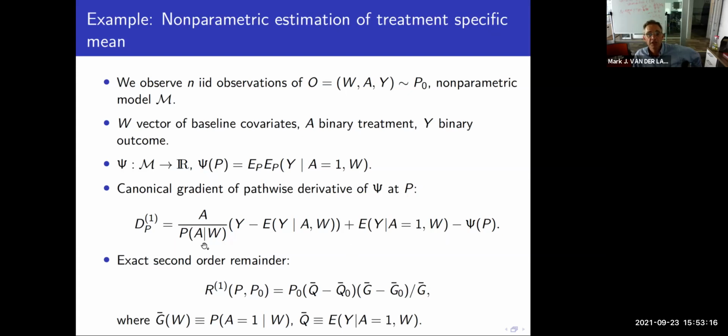Now you can think of if you see this, you see that this is actually a score of Y given A and W, the conditional density of Y given A and W. This is just a function of W. Now we will use the empirical mean over W, so this will always be solved. So that's why we don't have to target the distribution of W estimator because it's already a non-parametric maximum likelihood estimator.